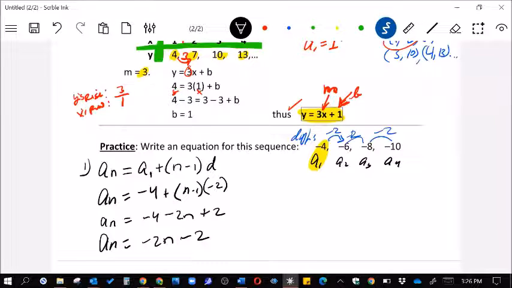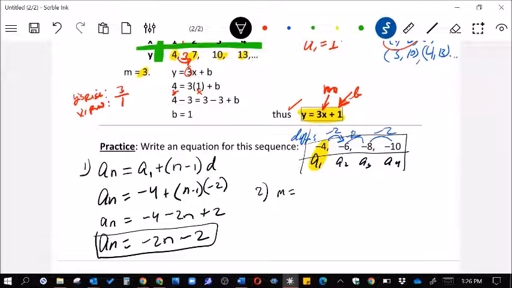If I did it the other way, first let me put a box around that. If I did it the second way, I would find the slope, m, and I would first make this into a table with x's and y's.